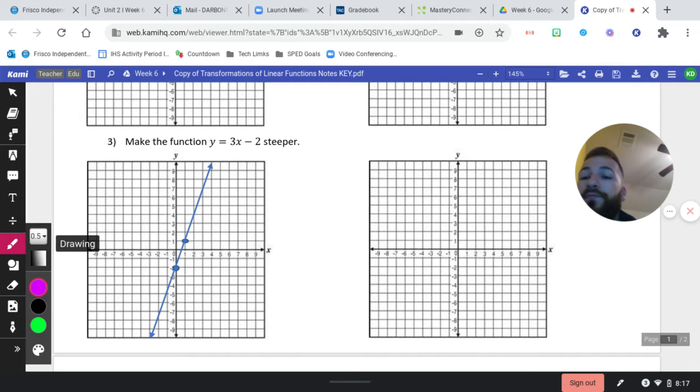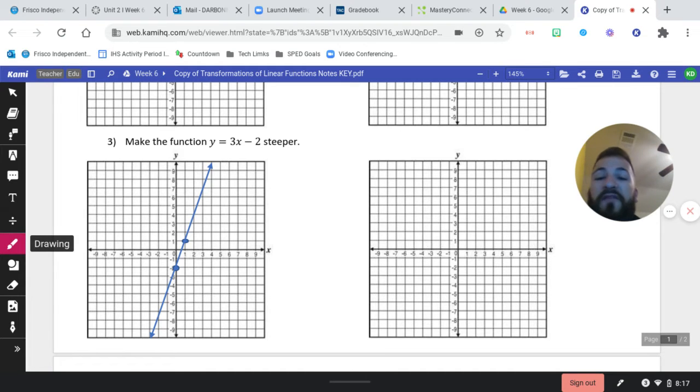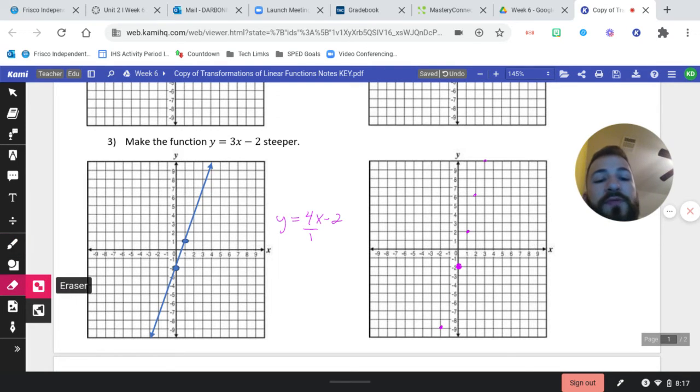My first example is we're going to change it from y equals 3x minus 2 to y equals 4x minus 2. Notice the same exact y-intercept, we're still at -2, but now my slope is 4/1. So I would go up by 4 and over by 1, and down by 4, to the left by 1.